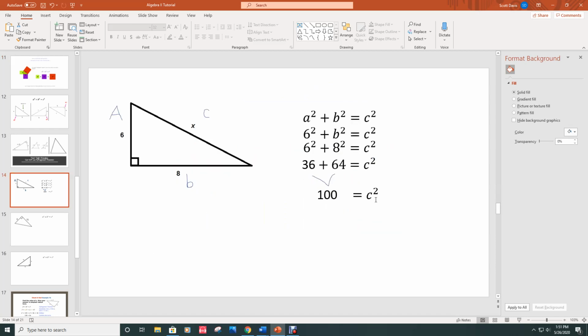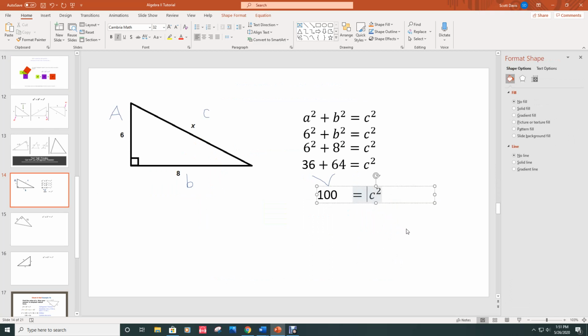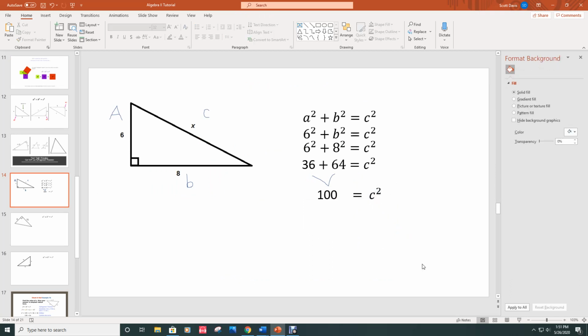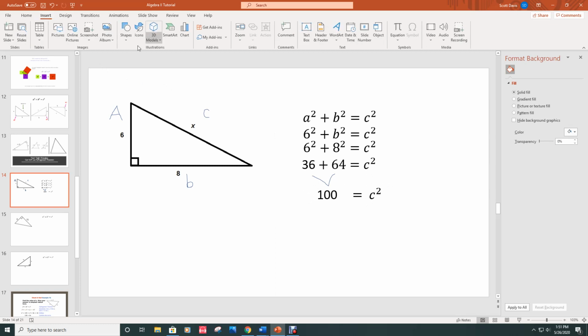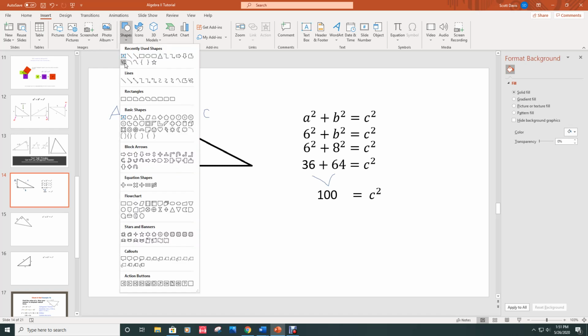So that means we have to get rid of this squared. The way you get rid of a squared is by using a square root. So you would use a square root on both sides, and it will leave you with just c, and it will tell you what the length of that side is.